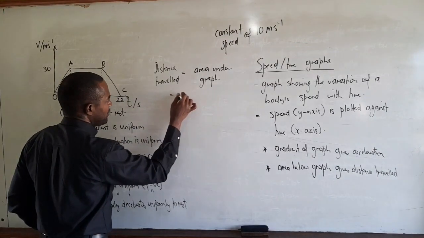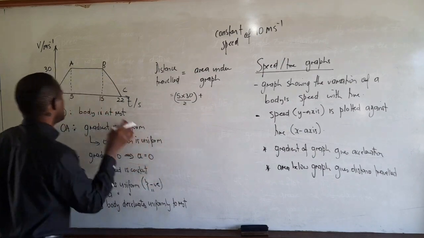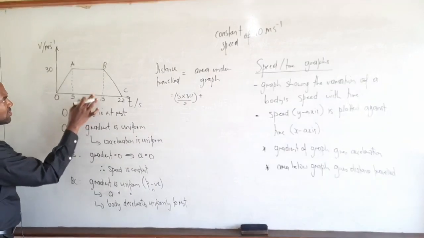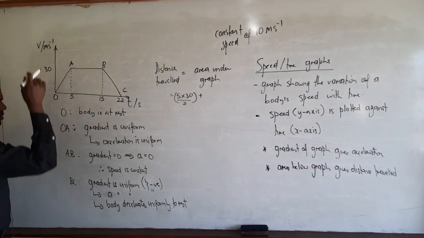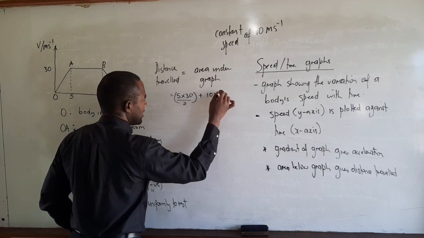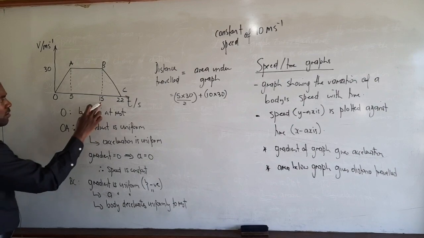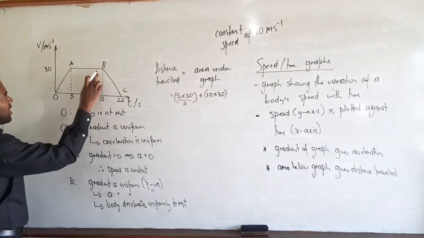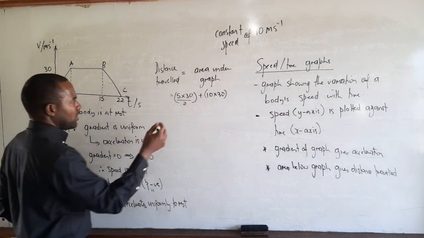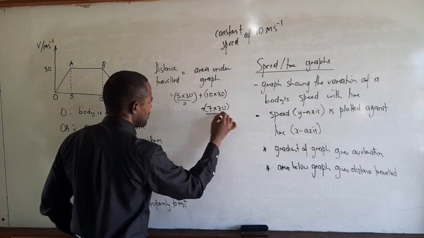This gives us 5 times 30 over 2, plus this segment is a rectangle of base 10 seconds and height 30 meters per second, so plus 10 times 30, and the third segment is also a triangle of base 7 seconds and height 30 meters per second, so plus 7 times 30 over 2.